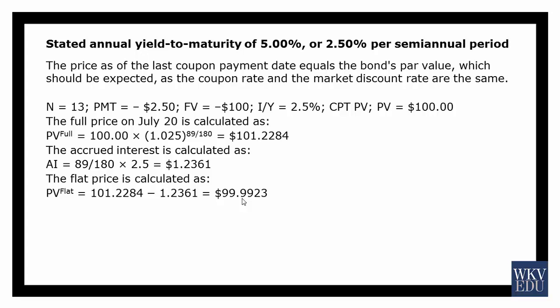In order to build a solid understanding, I would want you to try a sum. There, the stated YTM would be 5.3%, therefore a 2.65% semi-annual rate. The answer for the present value of the flat price is $98.4127.